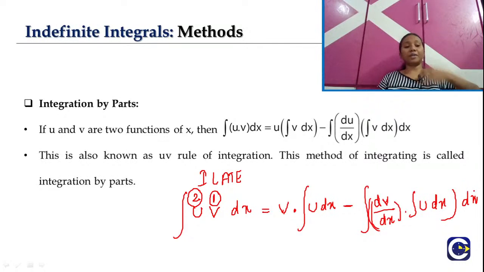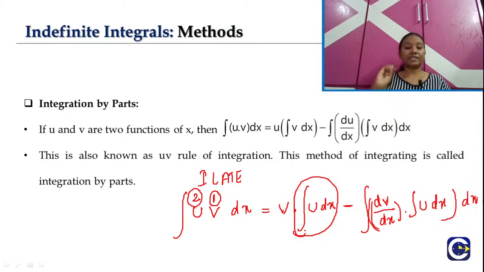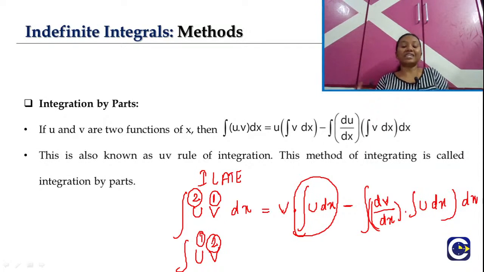In most of the cases, we could easily find the integration of whatever function is given as U here. But in very rare cases, it is not possible to find the integration of function U. In those special cases, instead of writing like this, I can take my U function as 1 and V function as 2, because I cannot integrate function U, whereas I can easily integrate and get my result for function V. In that case, I can replace it.